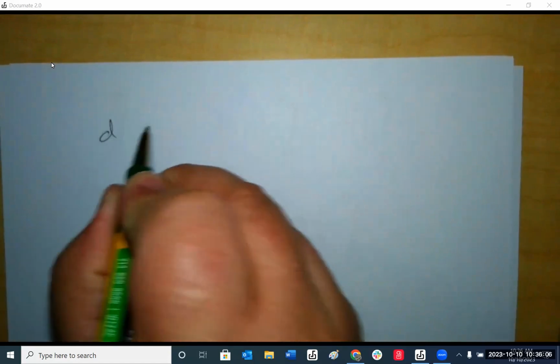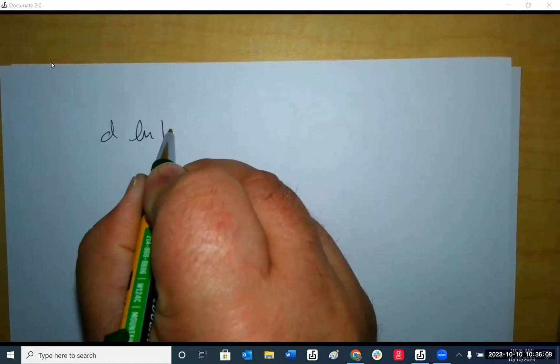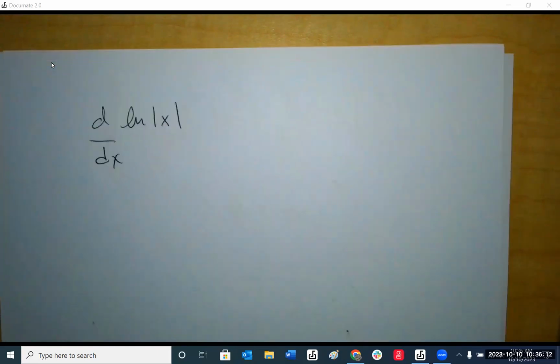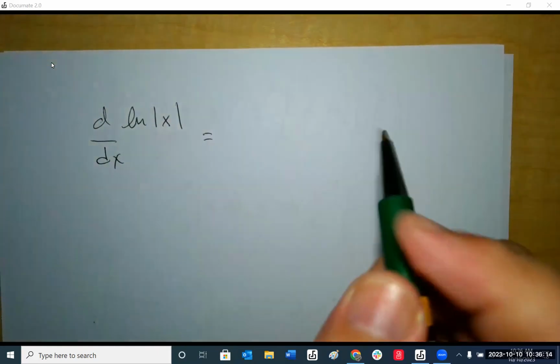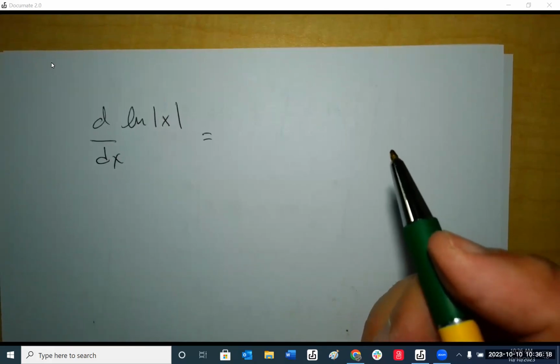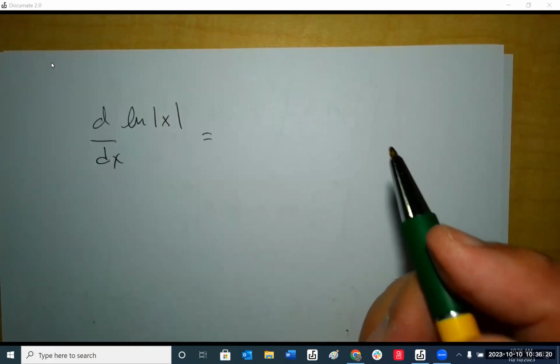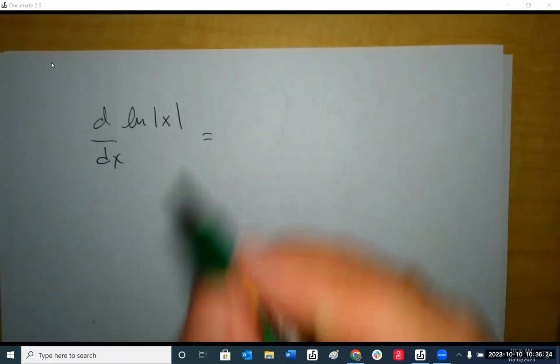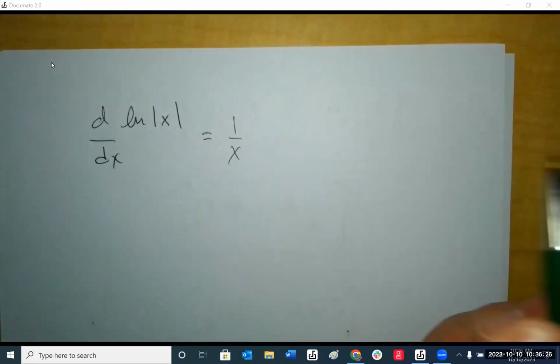How can we fix that? Well, what if we take the ln of an absolute value? If we took the derivative of ln of the absolute value of x, what would that equal? What's the derivative of ln x? 1 over x.